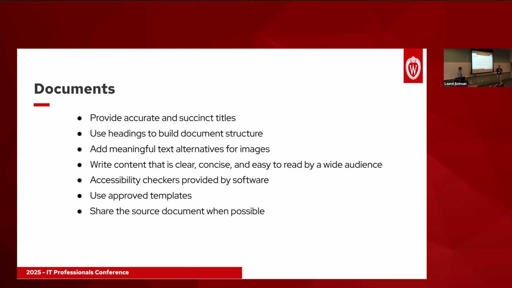So I think one thing working in a university, some of our content creators are still treating basic content almost like a dissertation. We've got to consider the audience we're writing for and the wider audience in using plain language when possible. Accessibility checkers in the software, again, something Al touched on. Word, PowerPoint, Outlook.